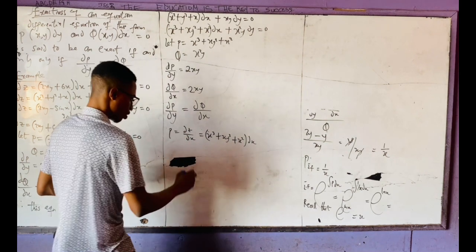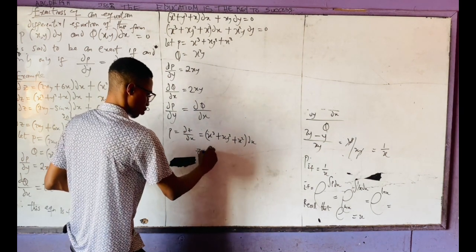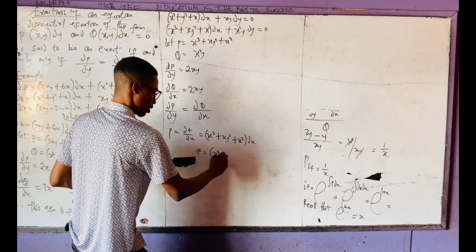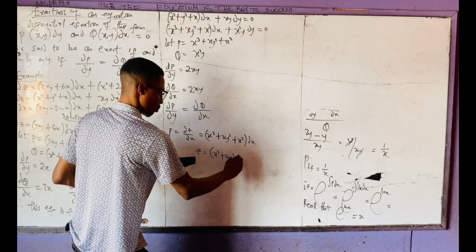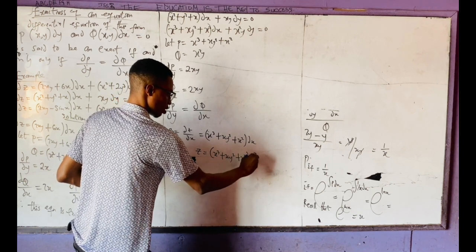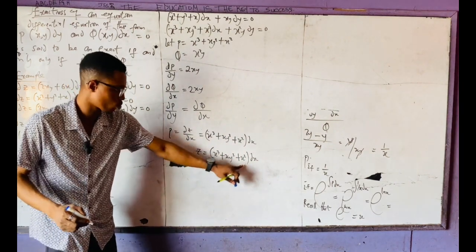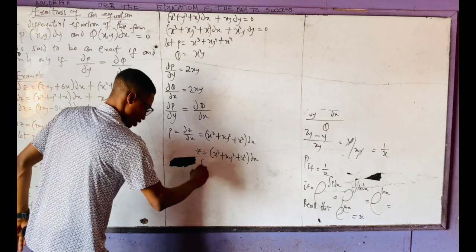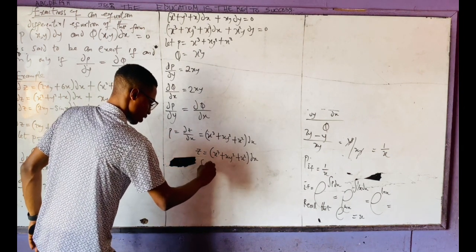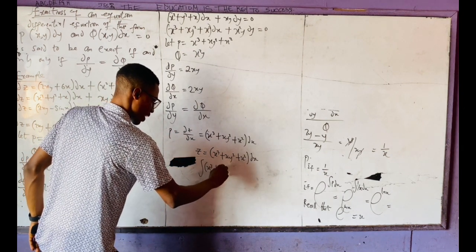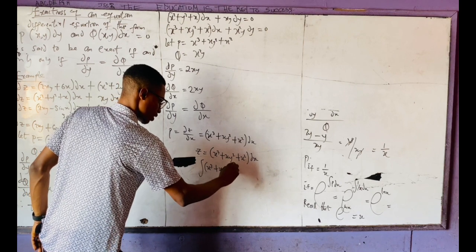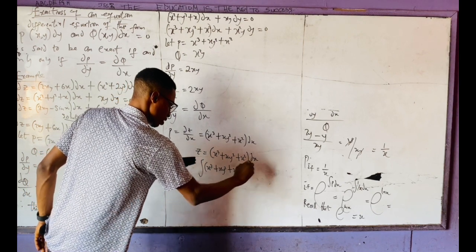That is to tell us that z is equal to the integral of x raised to power 3 plus xy squared plus x squared dx. Now we need to integrate this expression with respect to x.